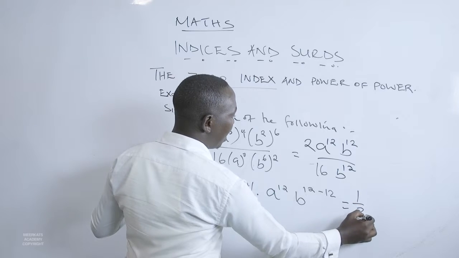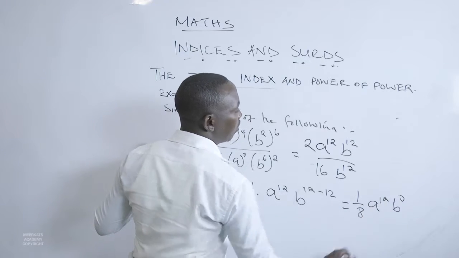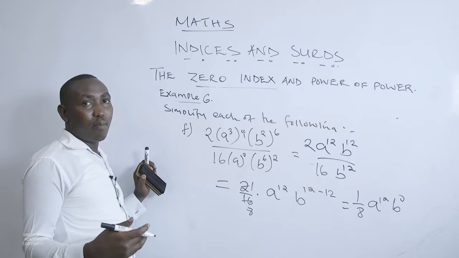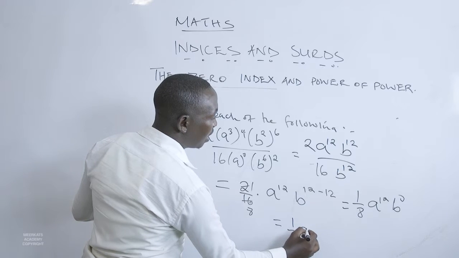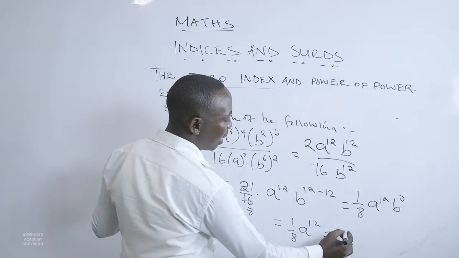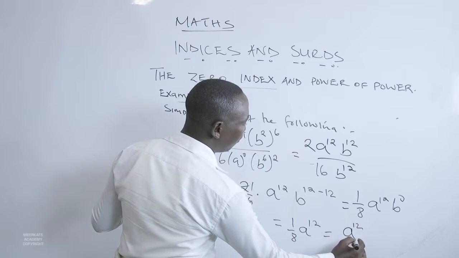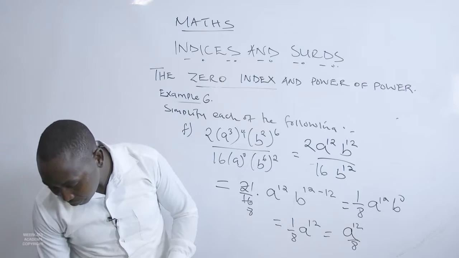This will give us an eighth of a raised to 12, b raised to 0. Again, we understand that any number raised to 0 is 1. So that means we are going to have an eighth a raised to 12, which you can also simplify and say it is a raised to 12, all divided by 8.